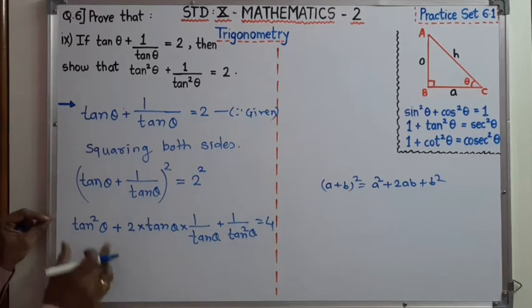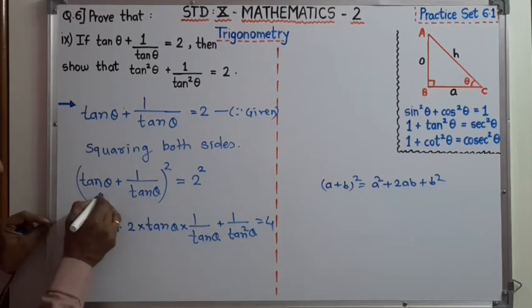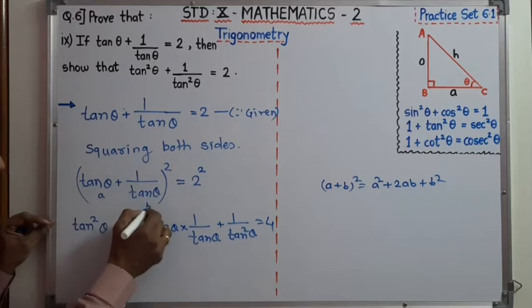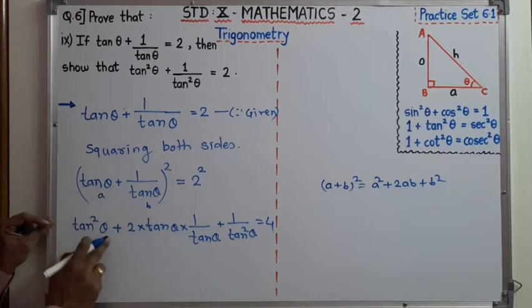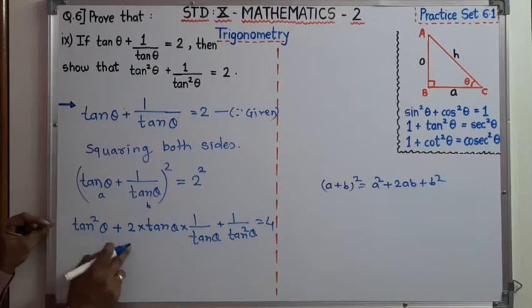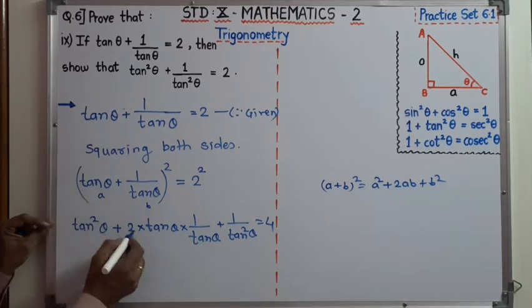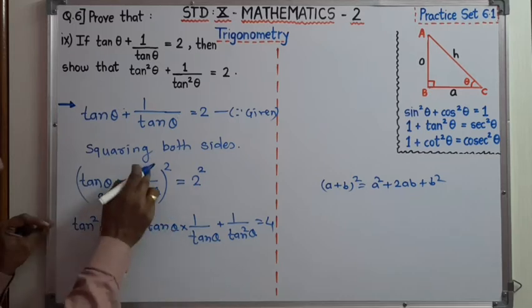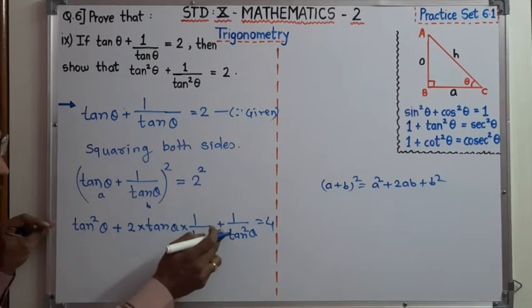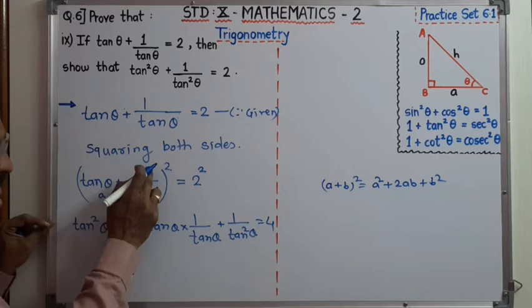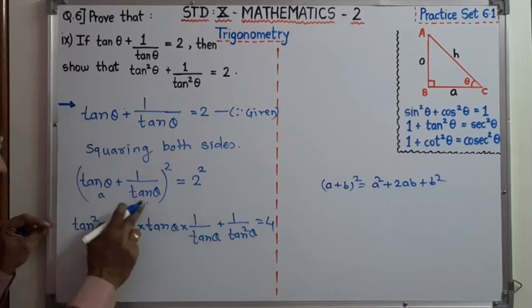See dear student, this is a, and this, 1 upon tan theta, is b. Therefore, square of a is tan square theta, plus 2 into a into b, that is 2 into tan theta into 1 upon tan theta, plus b square, that means 1 upon tan square theta.